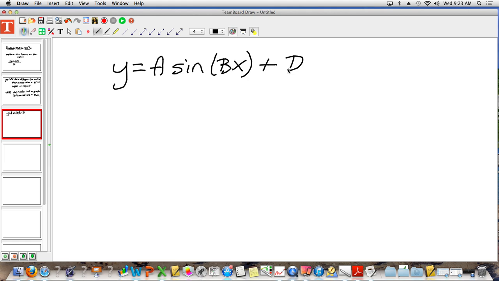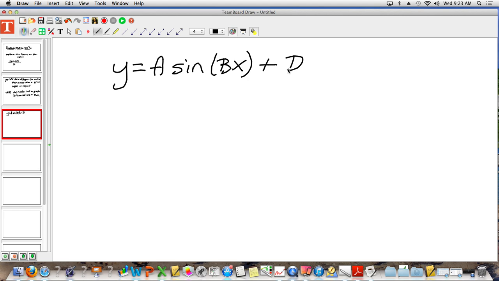What about C? C is the value that we usually would add or subtract inside the parentheses. But we are not talking about that this year. That's more of a pre-calc topic that you guys will get into a little bit next year. C would be considered a horizontal shift. All right. D is a what kind of shift?